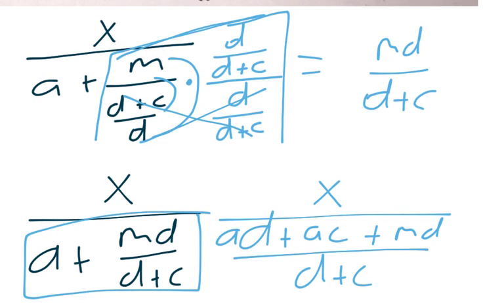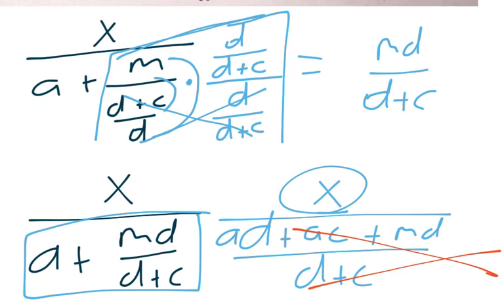And once again, we multiply the numerator, which is x, by the inverse of the denominator. Once again, what happens is we multiply the numerator and denominator by the inverse of the denominator. It cancels out down here, and we're left with x times d plus c over ad plus ac plus md.